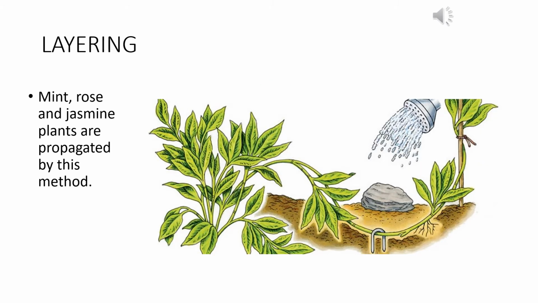The second method of artificial vegetative propagation is called layering, and it is done in mint, rose and jasmine. A portion of one of the lower branches of the plant, with an axillary bud at the node, is bent into the ground and put into the soil.